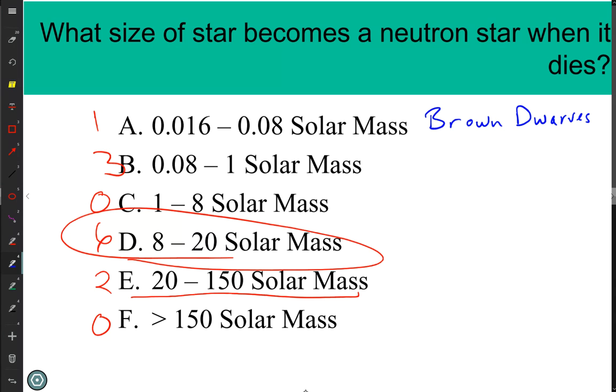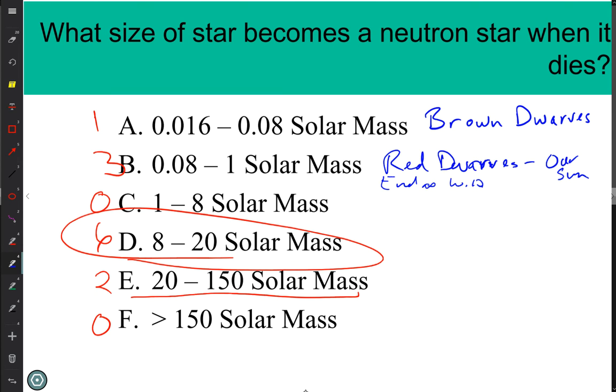Well, these will be red dwarfs at the bottom side to our sun. Let's just put our sun. And they will end up as white dwarfs without a planetary nebula.